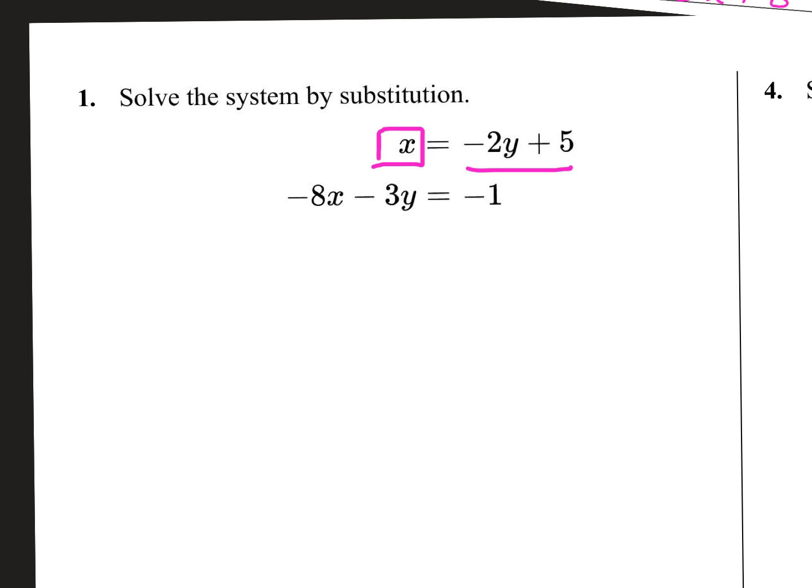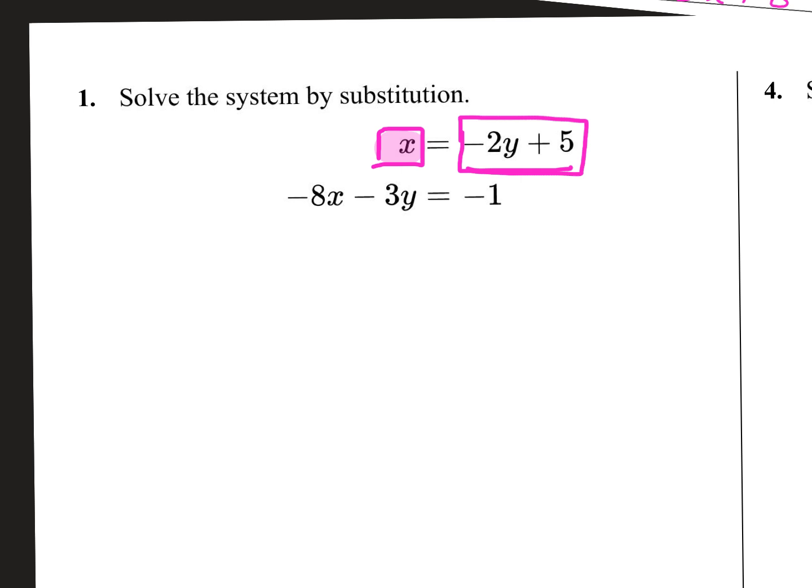So step one, I figured out which variable is all by itself. Step two, I figured out, okay, what is that variable equal to by looking at the other side of the equal sign.